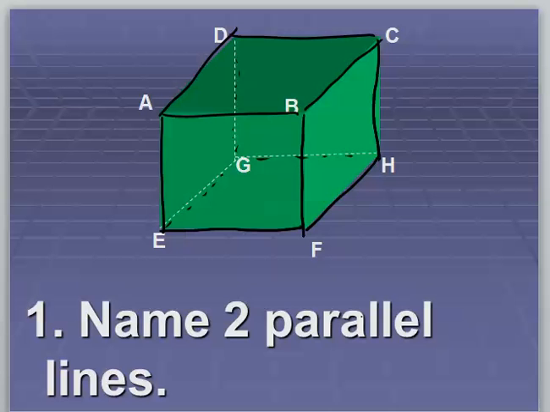I'm going to pick line AB, this one, and then I'm going to pick something parallel to that. So AB is parallel. I could use EF at the bottom of the box, DC in the back, GH, the back bottom of the box, that edge, anything that's not going to intersect but is on the same plane.